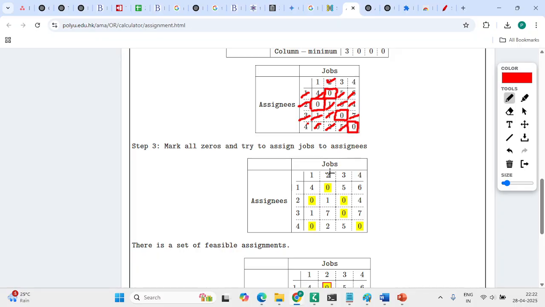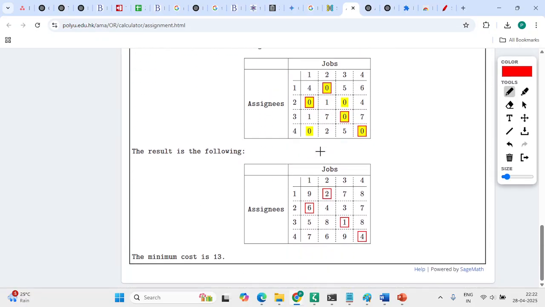So now our allocation is finally this allocation. The total cost is 2 plus 6 plus 1 plus 4, equal to 13.